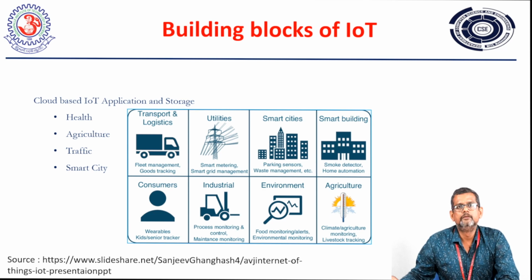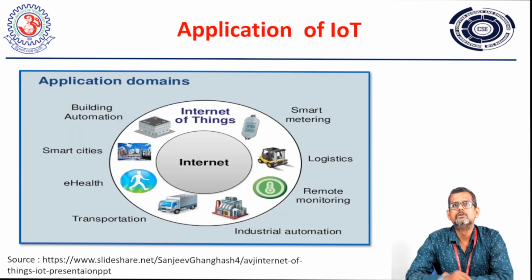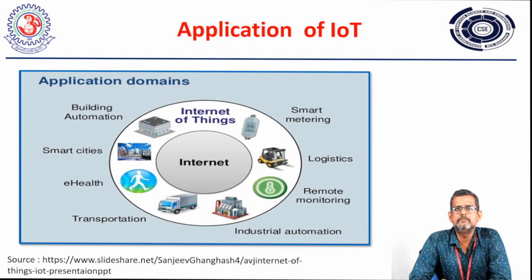So these are different domains where we can apply it. As I mentioned already: smart metering, logistics, remote monitoring of water level, automation, transportation systems, health, smart building automation. It is almost going to be happening in each and every field.